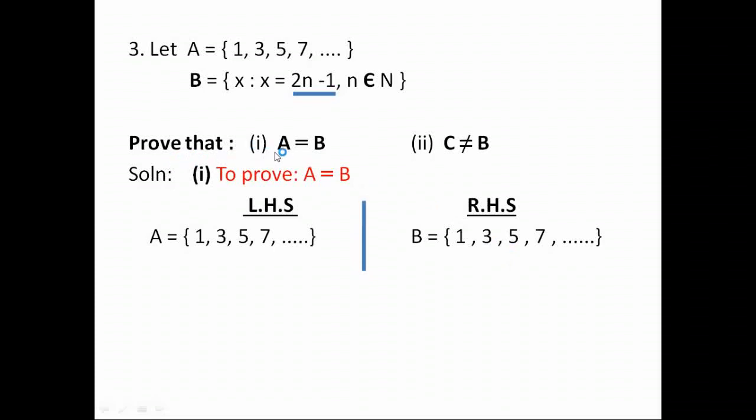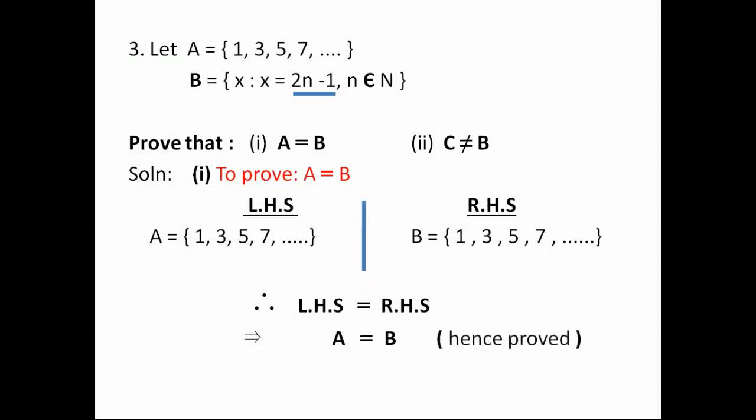So here we had to prove that A is equal to B. So it means LHS is equal to RHS, and if LHS is equal to RHS, we can say that set A is equal to set B. Hence proved. Clear?